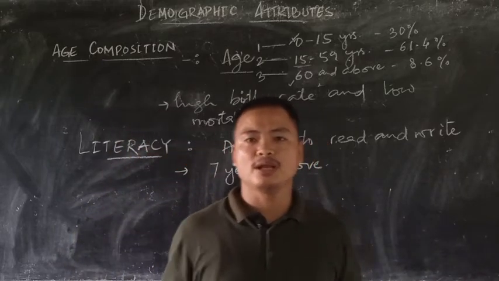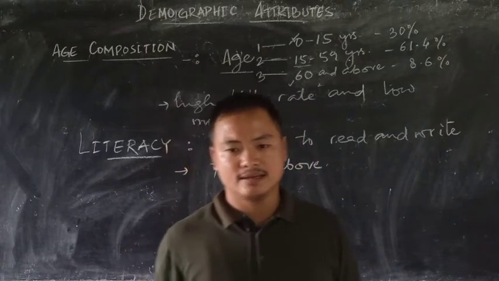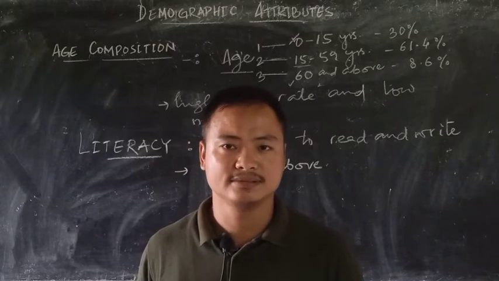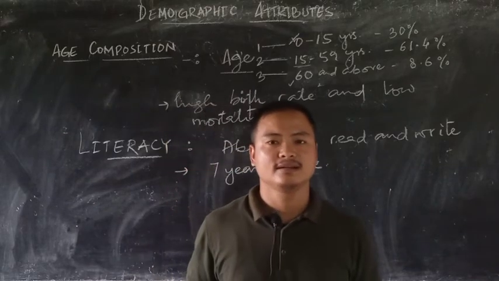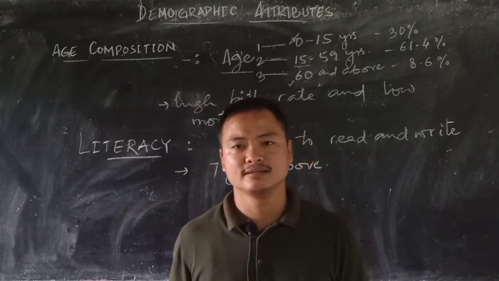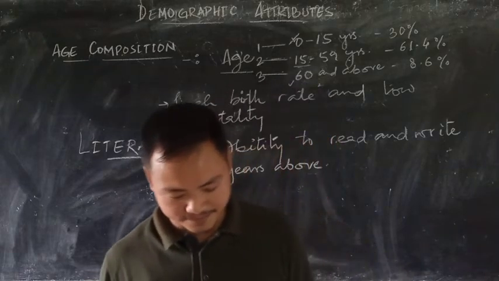So, the population over the age of 7 years is accounted in the literacy level. If the population above 7 years is able to read and write and understand, then that accounts to the literacy level of India.